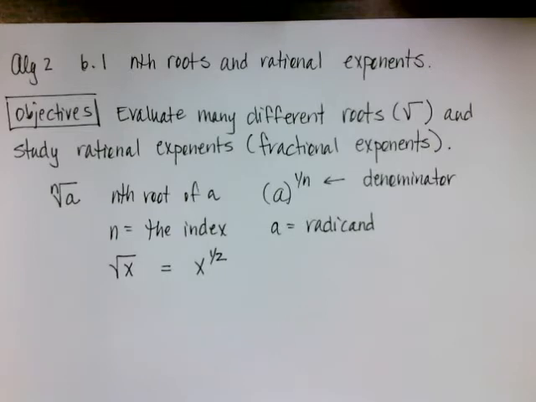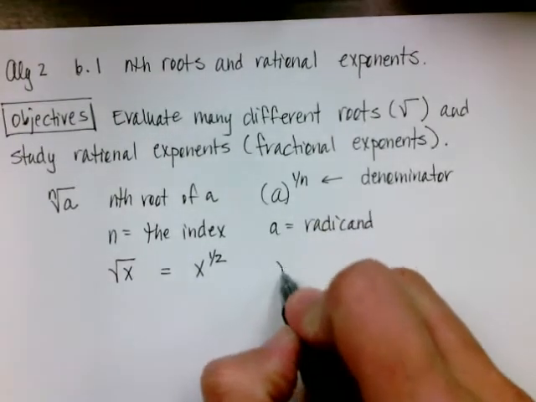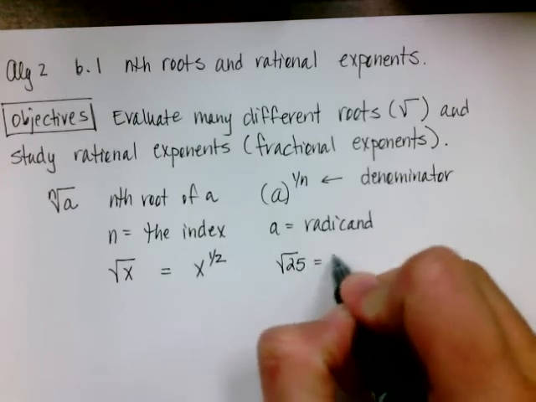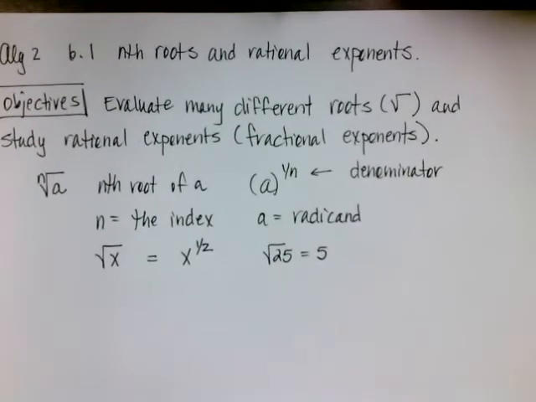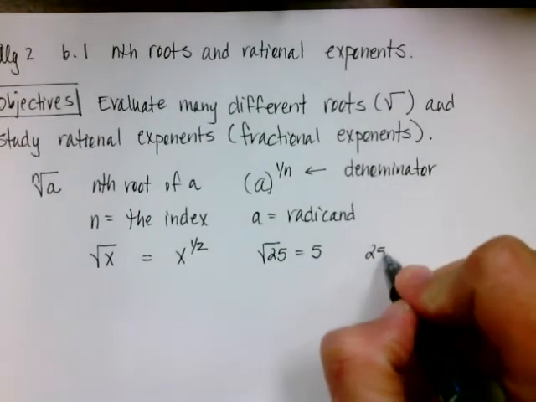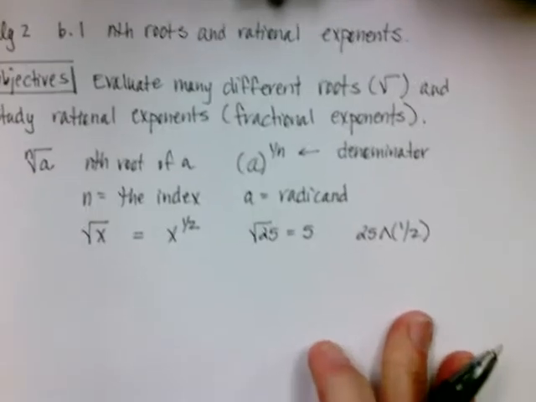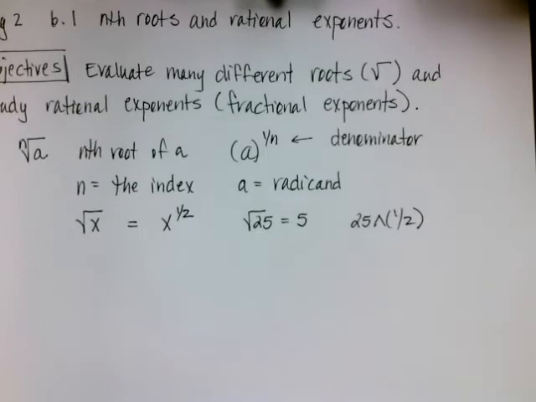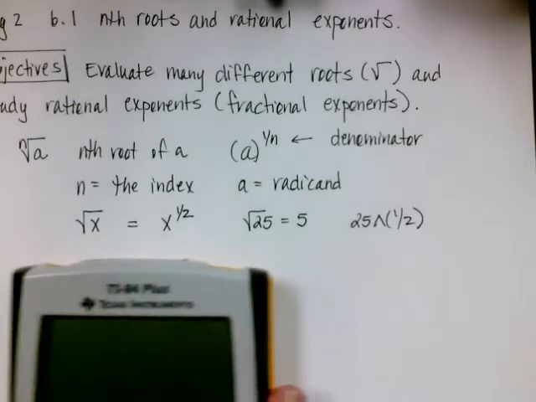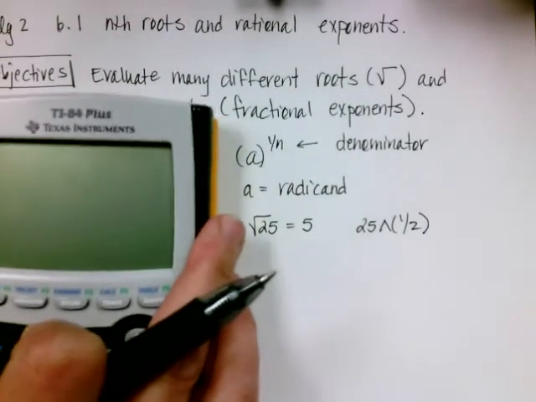Let me get a calculator so I can illustrate some things. If I have the square root of 25, you know that that's 5. I'm going to show you that if I do 25 and raise it to the 1/2 power, a couple of things about doing this in your calculator: the fractional exponent always has to be in parentheses.